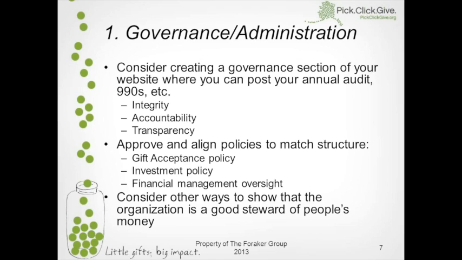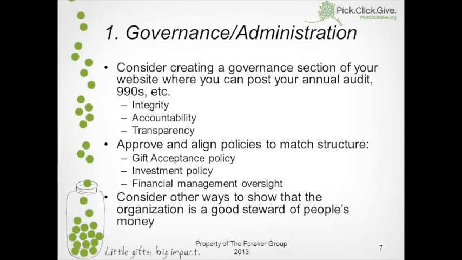Again, your board can play a role in governance, in creating integrity, accountability and transparency. Pick.Click.Give is such an online experience that it's very likely people are going to your website and checking you out, or looking for you on GuideStar and looking at your 990, and the more you can be transparent about all those things, the better your organization's position.